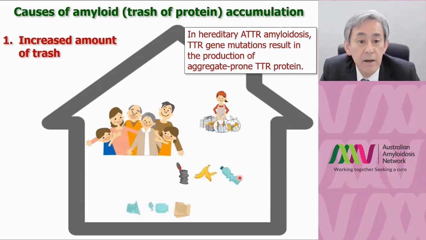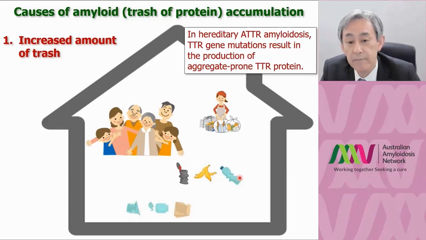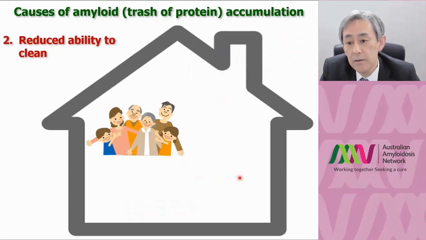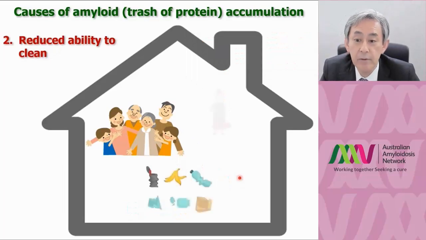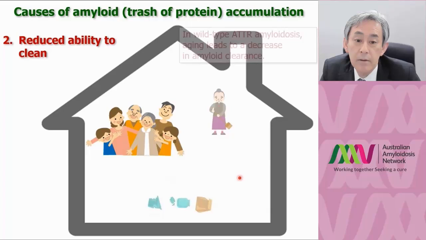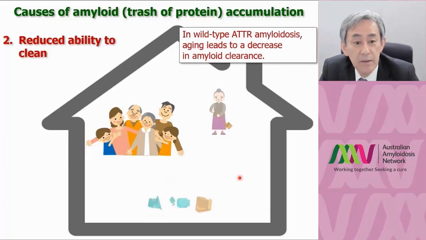Similarly, in hereditary ATTR amyloidosis, TTR gene mutations result in the production of aggregate-prone TTR protein. The other cause is reduced ability to clean. In wild-type ATTR amyloidosis, aging leads to a decrease in amyloid clearance.